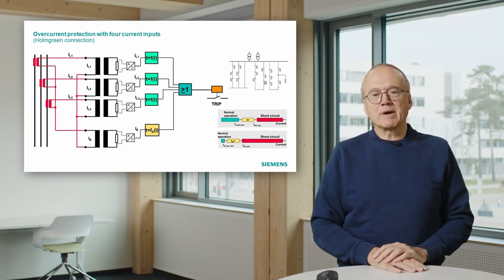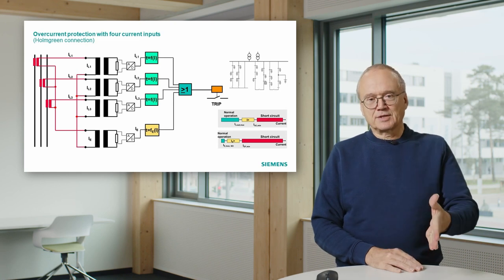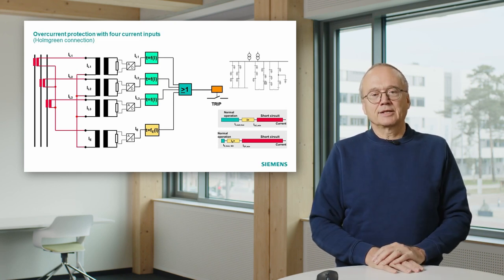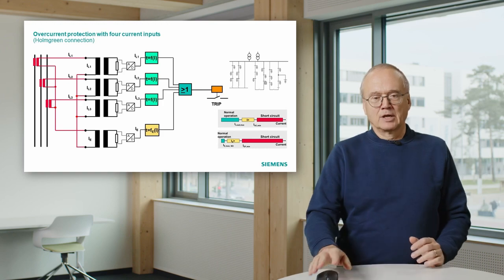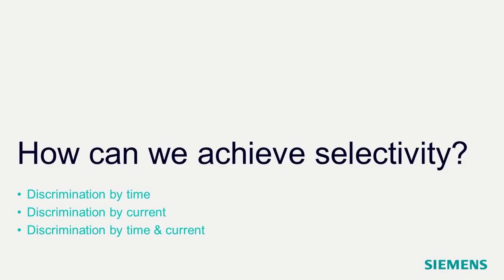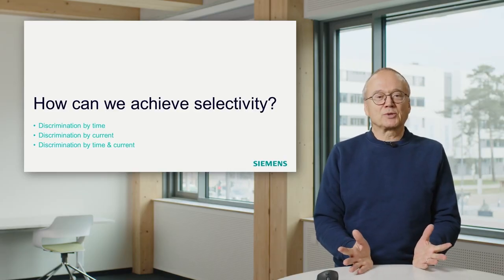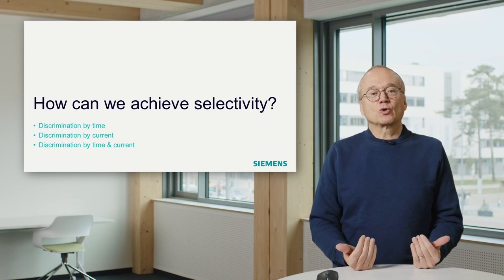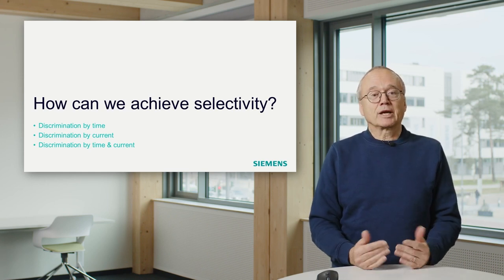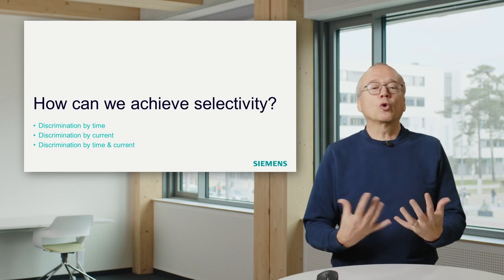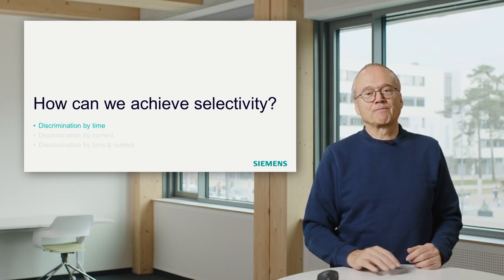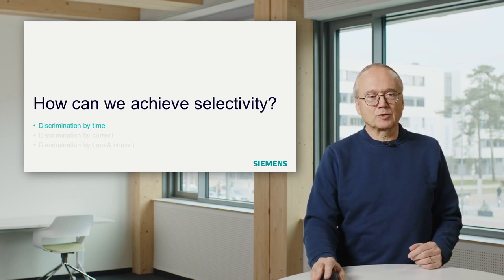That means you have no meshes there, because the feeders just end at an open connection point. So now the question is, how can we achieve selectivity in such a system? And actually there are two or three options. We can make a so-called discrimination by time, we can make a discrimination by current, or we can combine both of these. So let's start with the first one, discrimination by time.